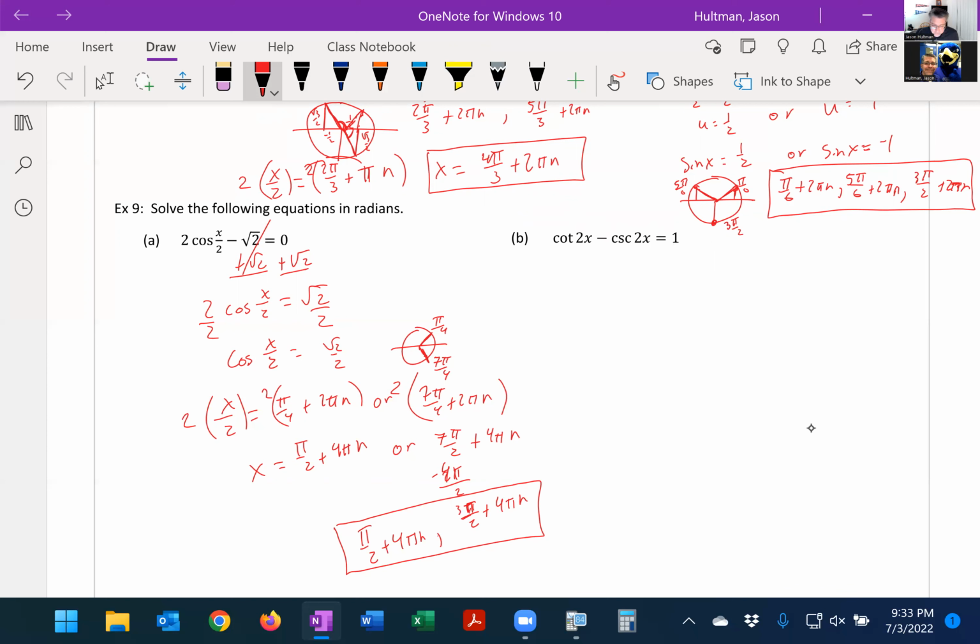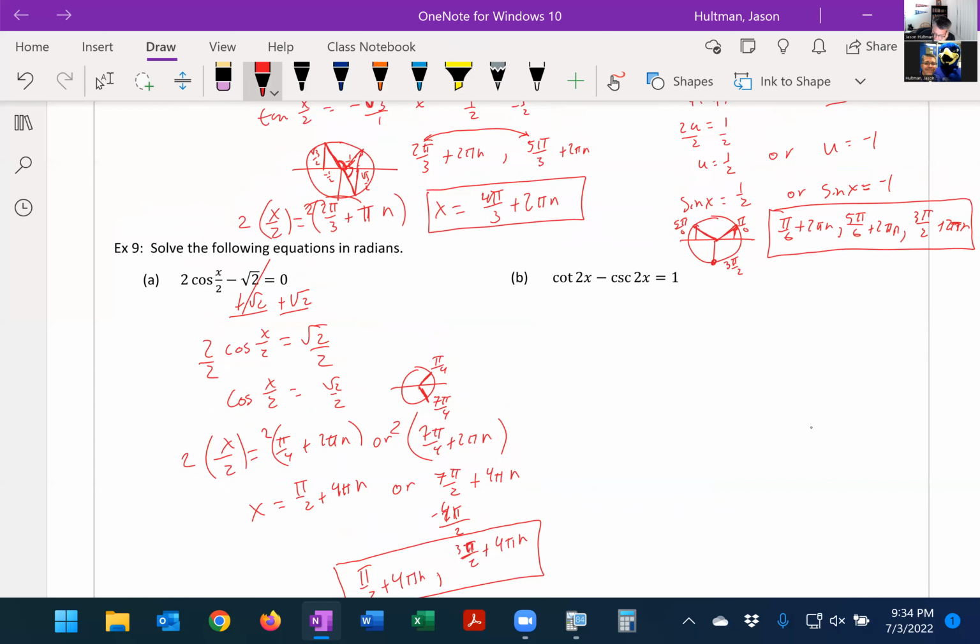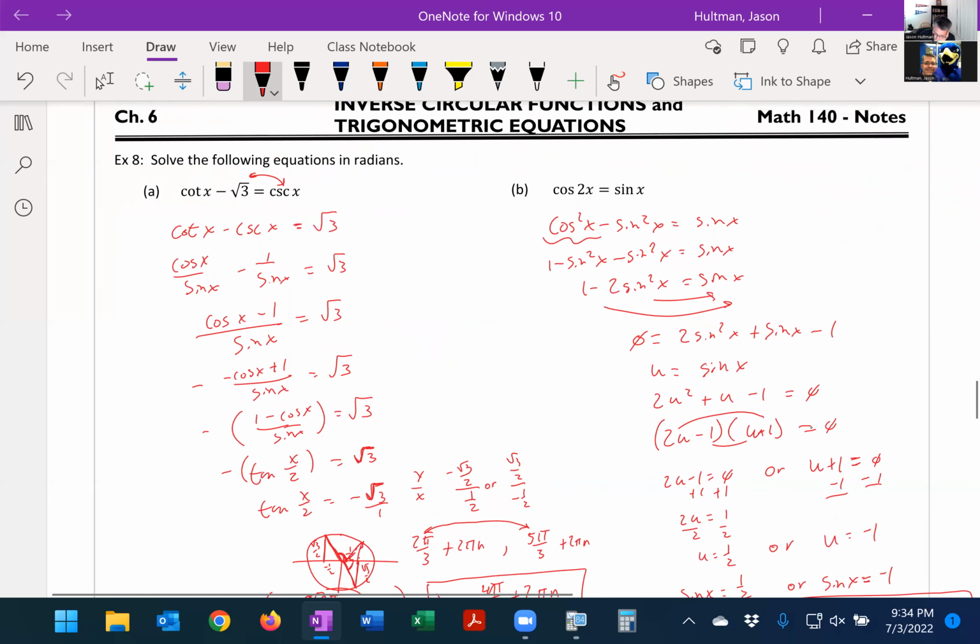Okay, B, cotangent 2x minus cosecant 2x equals 1. So we've got a couple of interesting things going on here. Cotangent minus cosecant.